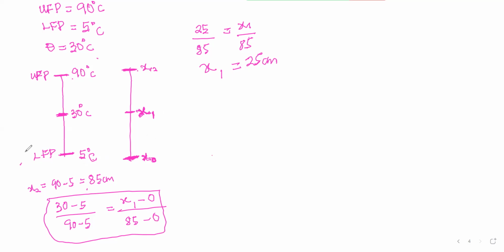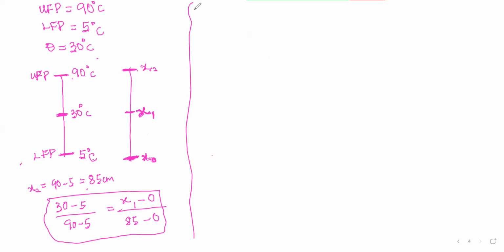Joshua, are you okay? Yes, sir. Good. Then let's come to the calculation. So all that I need is that length of the mercury which corresponds to the temperature of 30. So as we have always been doing, it can be 90 upper fixed point minus lower fixed point divided by 30 minus 5. Are we okay with this?